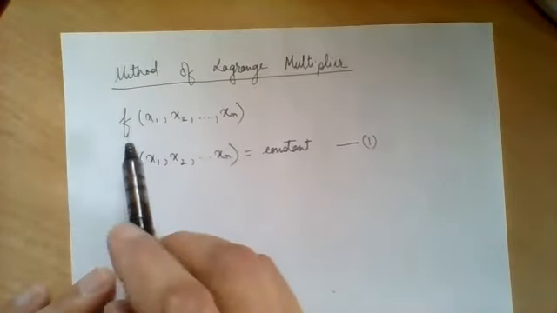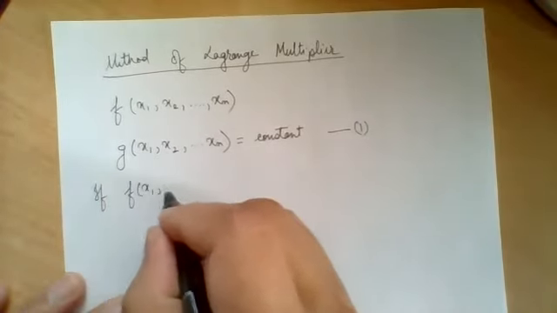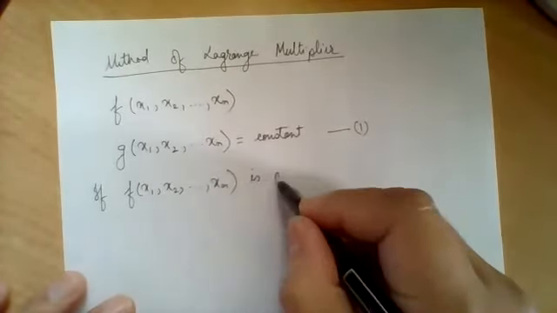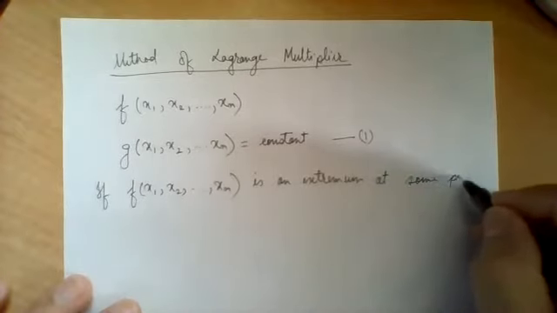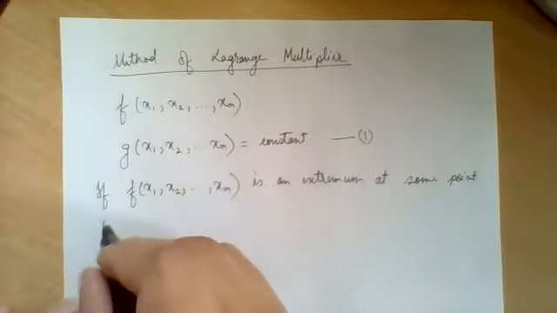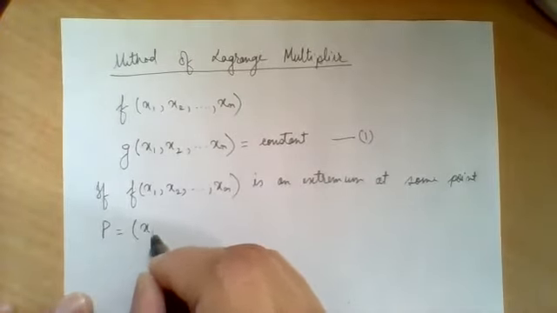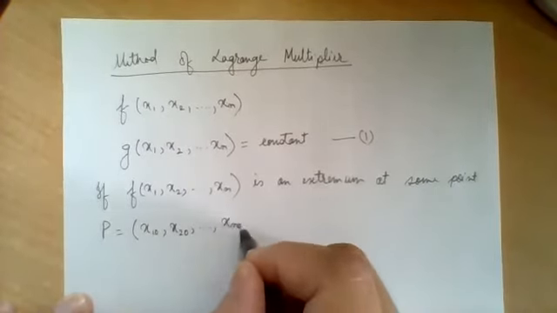Here is the important point. If f of x1, x2, and so on till xn is an extremum at some point, let us call it P, whose coordinates are x1 0, x2 0, and so on till xn 0.